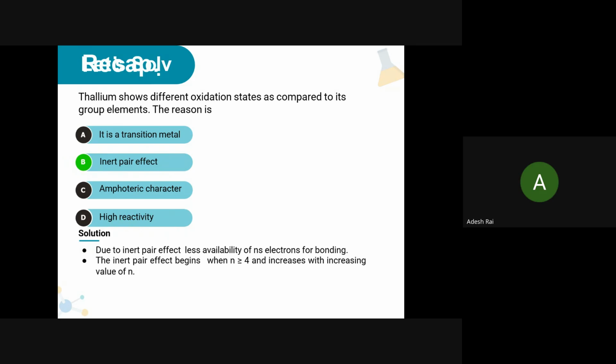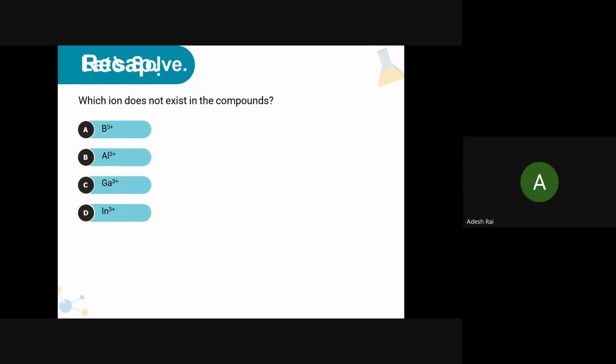Tell me, which ion does not exist in the compounds? Option A, boron.